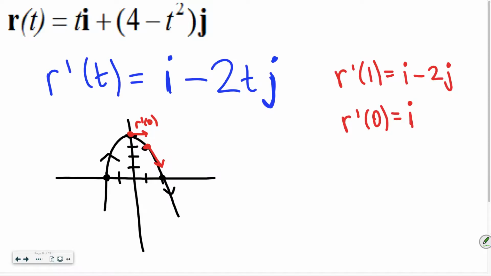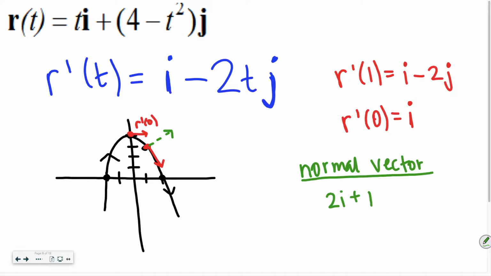I'm going to plot the vector. Well, I'm going to draw this in. What did I draw? Ah, I drew a normal vector. Our normal vector, I could have drawn it one of two ways, but I drew 2i plus 1j.